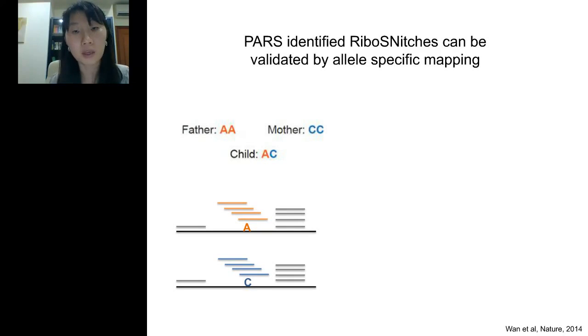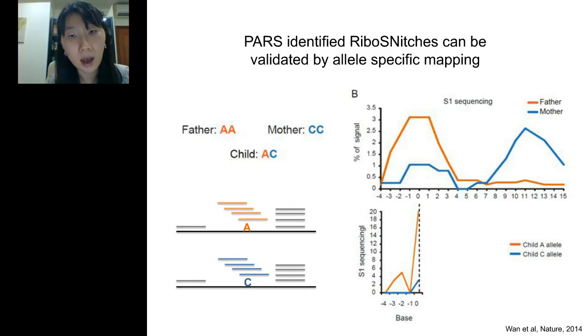So, for example, if the father is AA and the mother is CC and the child is AC, then when we map uniquely across either the A allele or the C allele, we should be able to see reads that map only to the A allele or only to the C allele.